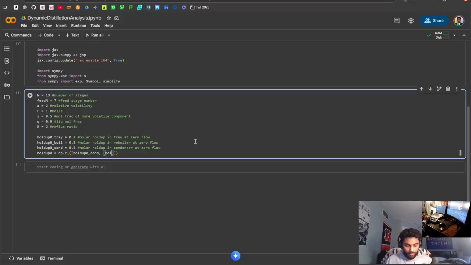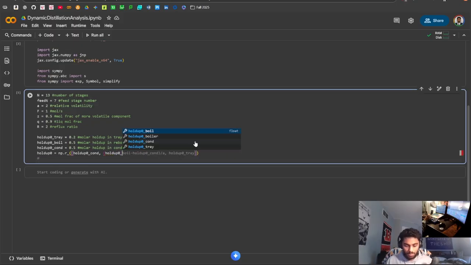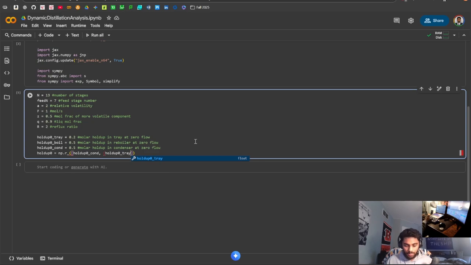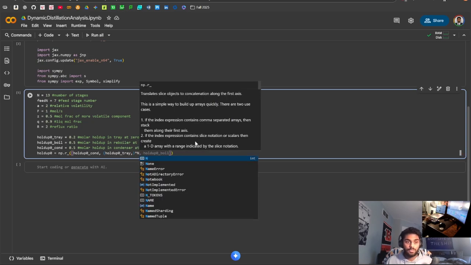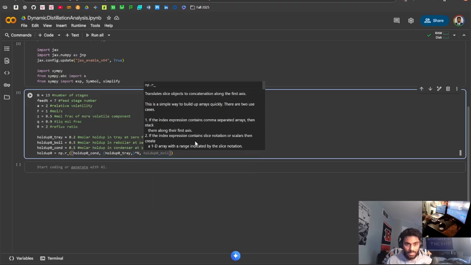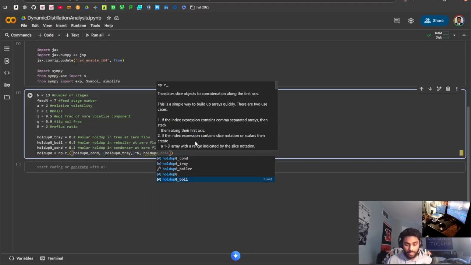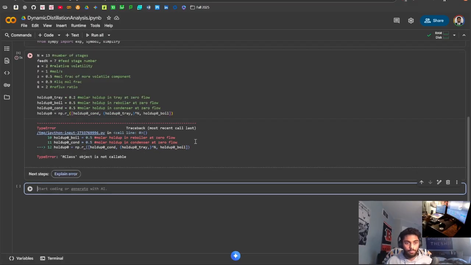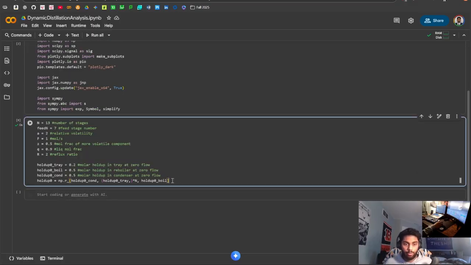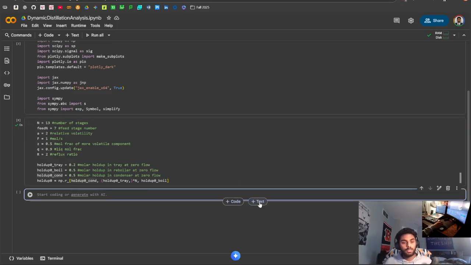And what I mean by that is holdup not for our tray, and I'm going to multiply this by the number of stages that I have. So we have 13 stages, so 13 trays. We want to repeat that value 13 times for our initial condition. And then lastly, I'll get my boiler in here. Okay, it just looks like I needed brackets there instead of parentheses.